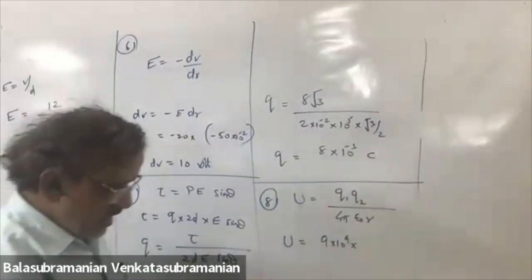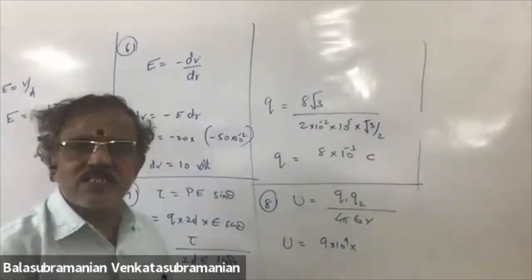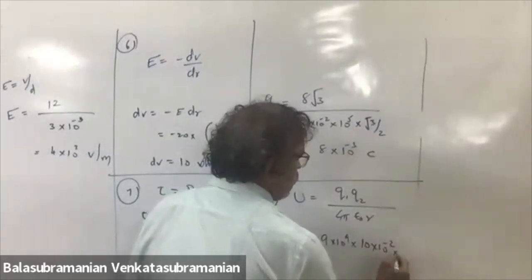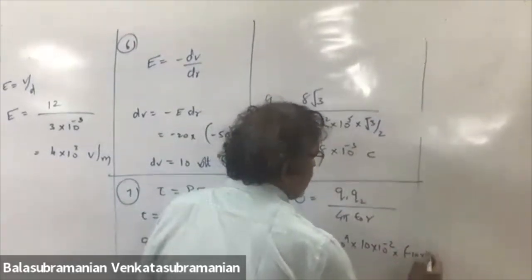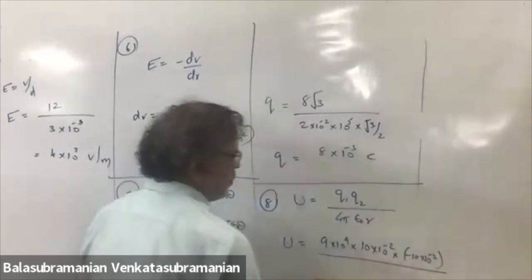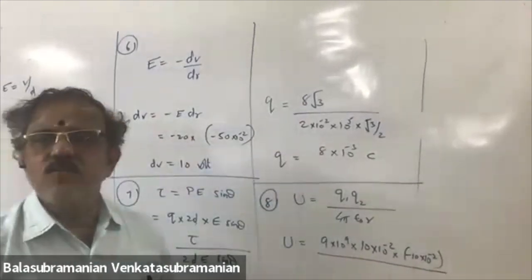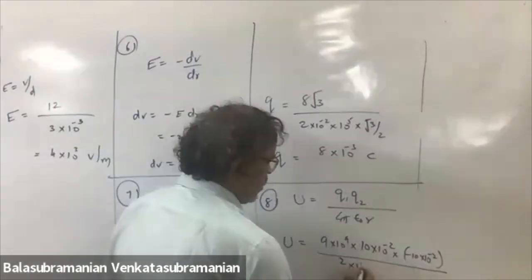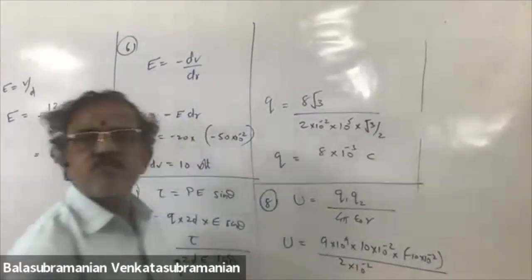Two charges 10 microcoulomb and minus 10 microcoulomb. 10 into 10 power minus 2, minus 10 into 10 power minus 2 by R value. R is 2 centimeter, 2 into 10 power minus 2.